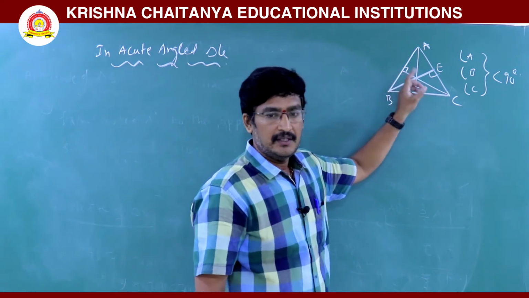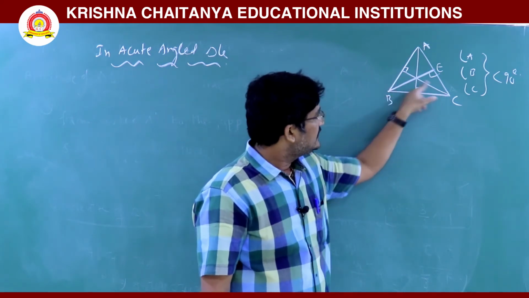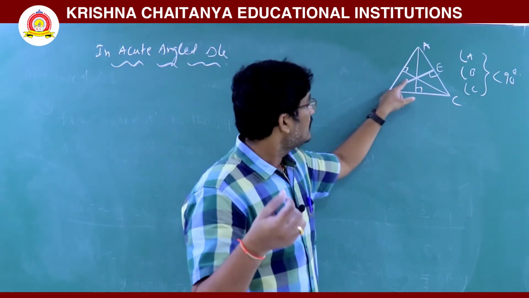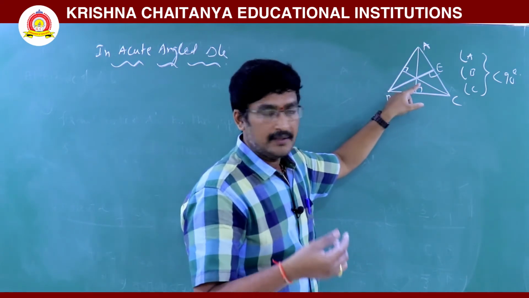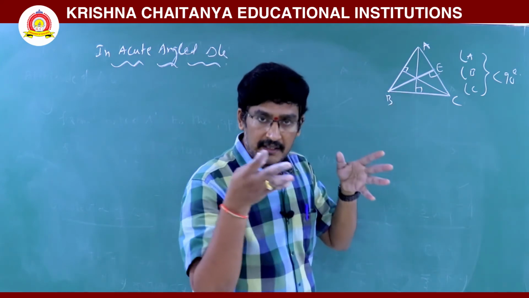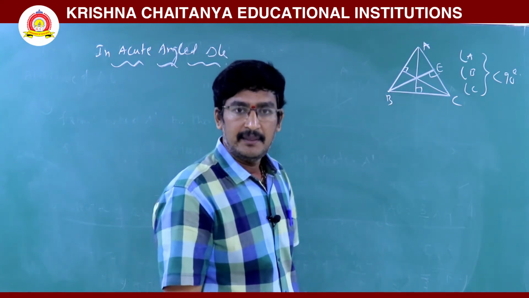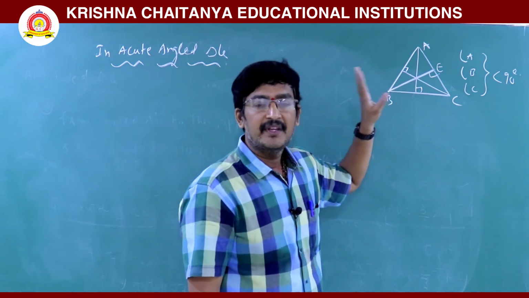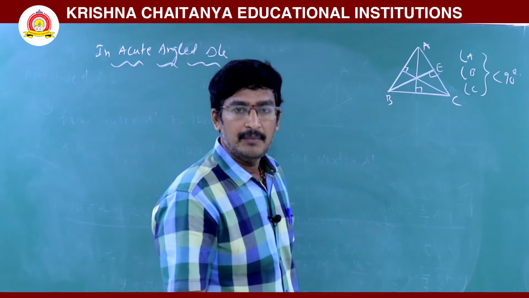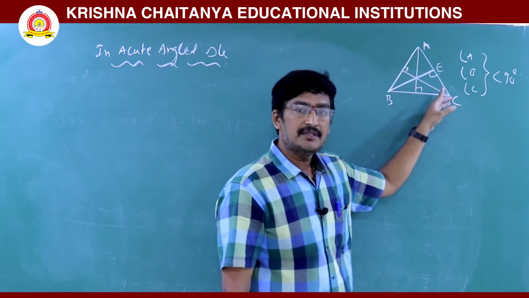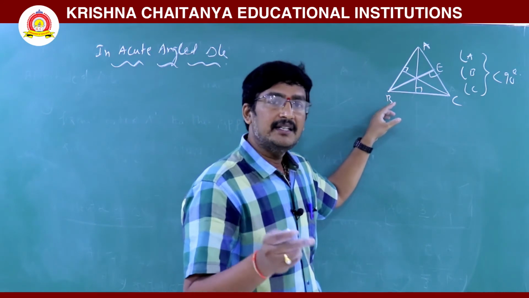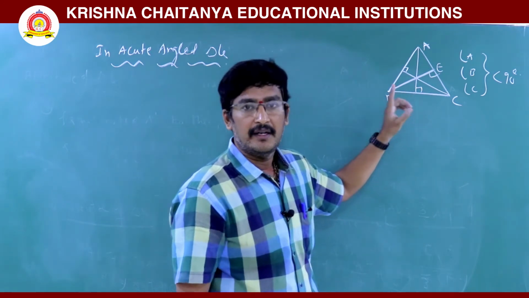So these three altitudes are concurrent here, and the concurrent point is located inside of the triangle. That means the orthocenter is located inside of the triangle, because all three altitudes are concurrent inside of the triangle in an acute angle triangle.